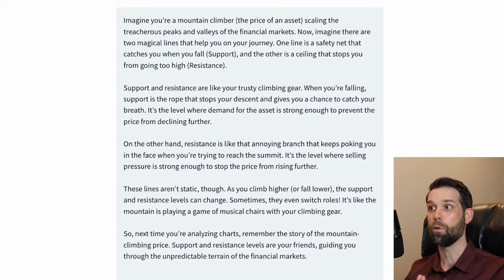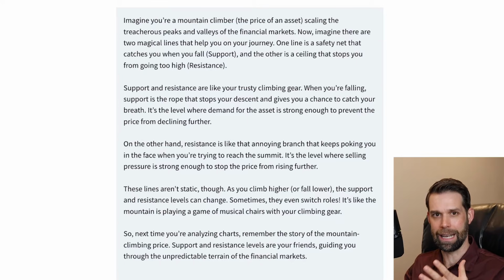As you climb higher or fall lower, the support and resistance levels can change. Sometimes they can even switch roles. It's like the mountain is playing a game of musical chairs with your climbing gear. So next time you're analyzing charts, remember the story of the mountain climbing. Price, support, and resistance levels are your friends, guiding you through the unpredictable terrain of the financial market.